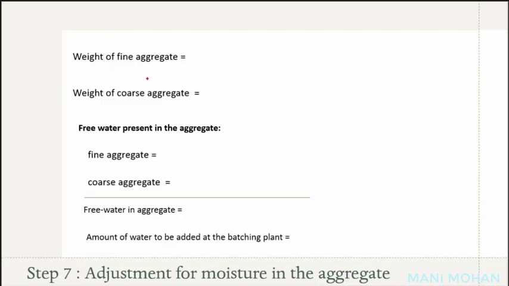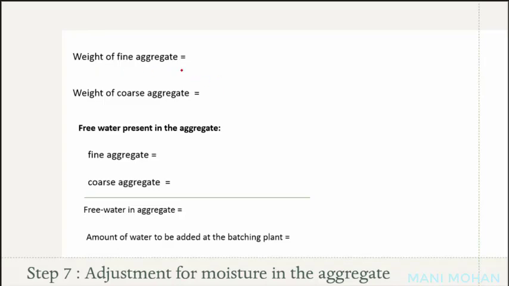Let us see first how you are going to adjust for moisture in the aggregate. Again, I'll repeat the proportions which you have calculated earlier. It is for saturated surface dry condition, but actually the aggregates will not be in saturated surface dry condition at site. So you have to accordingly change the mix proportion.